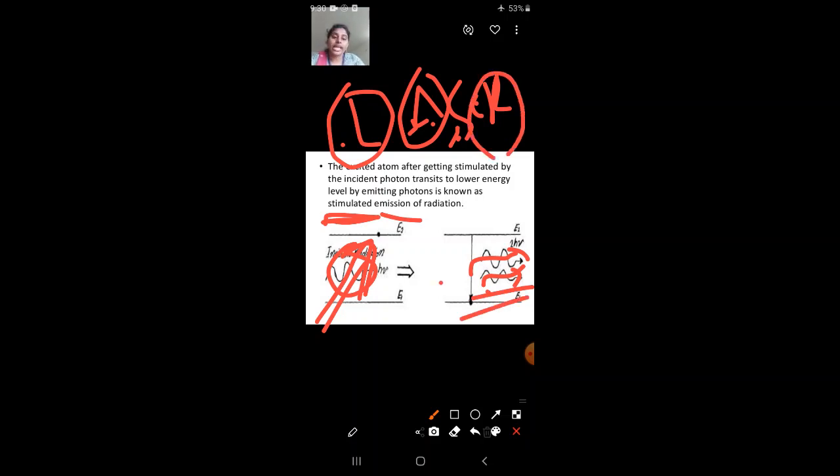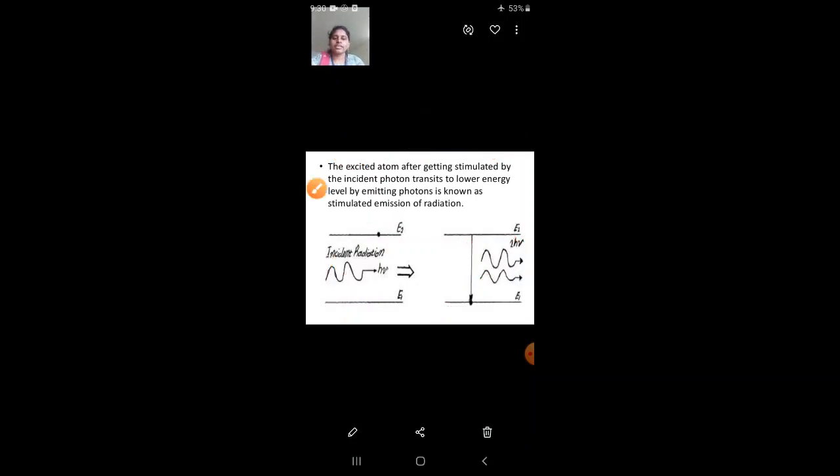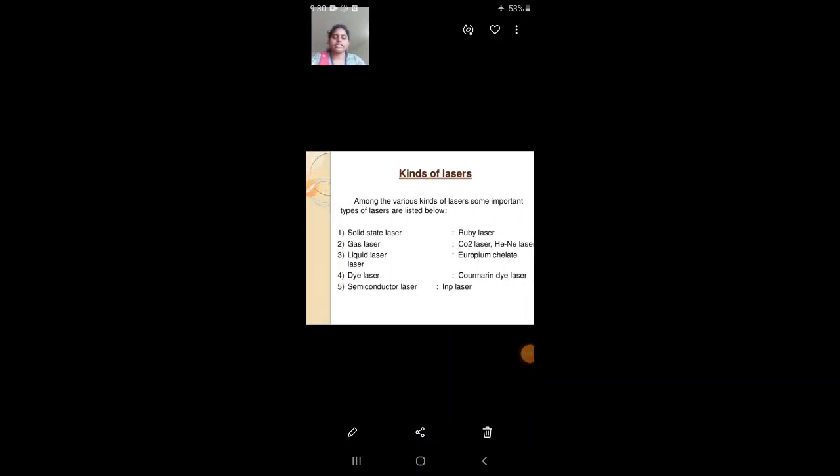So light amplification by stimulated emission of radiation is nothing but a laser. Okay, then next we will go to the next step.